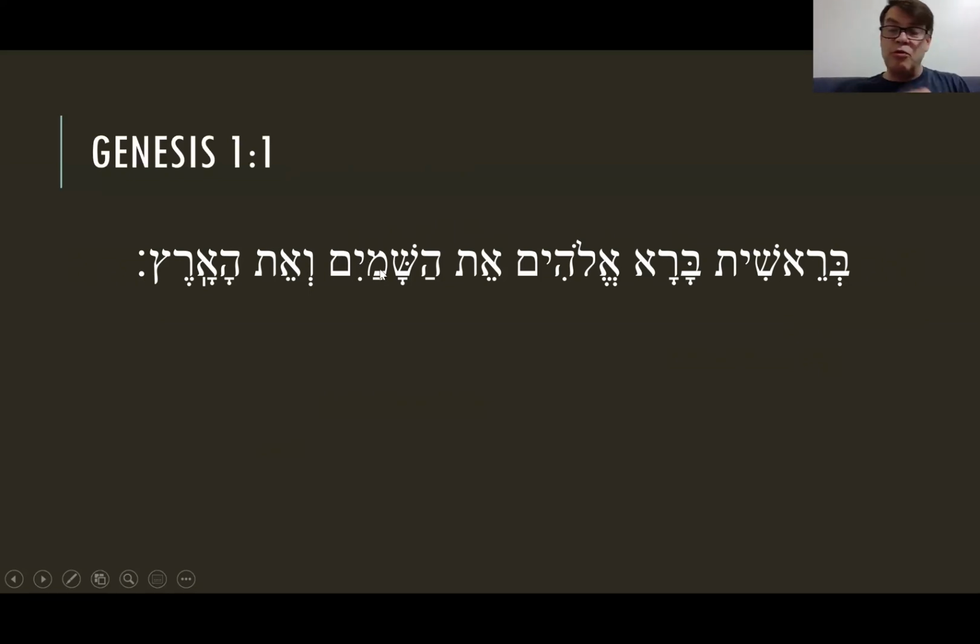Notice there are two different forms of mem. This is called a final mem. It has a certain form when it's the last letter, and a different form when it's in the middle. It's a wild language. Get ready. Vav, aleph, tav, hey, aleph, resh, tzadeh. This is tzadeh when it's the last letter. It has a different form when it's in the middle.